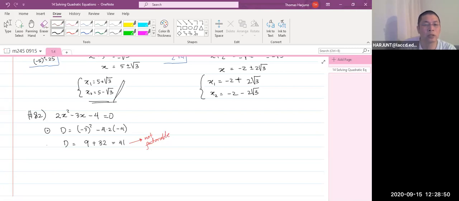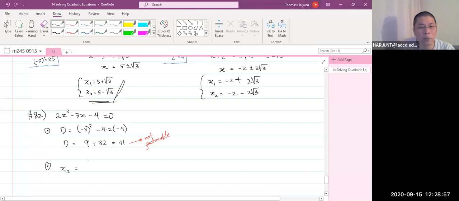Okay, so I go to the second step. x1,2 will be negative b plus minus the square root of the discriminant, which I pre-computed earlier, over 2a. That's 3 plus minus square root of 41 over 4.